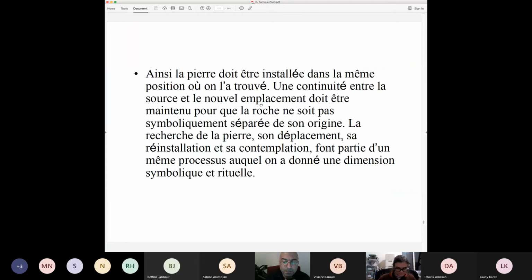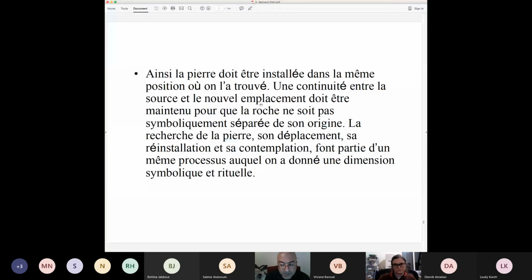What it means is that symbolically, the rock should not be separate from its origins. In fact, the search for the rock, its displacement, its reinstallation, and its contemplation all are part of the same process.